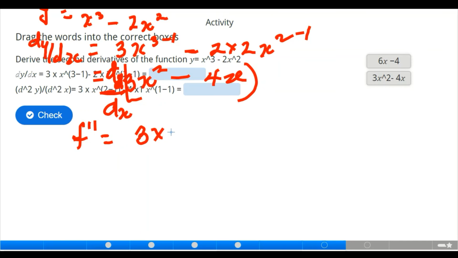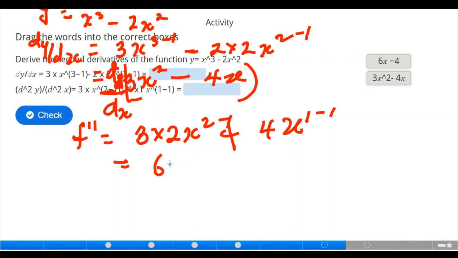That's going to be 3 multiplied by 2x^(2 minus 1), because here n is 2. 3 times 2 is 6, so we have 6x, minus, since we are dealing with minus and not plus, 4x^(1 minus 1), that is x raised to the power 0, which is 1. 4 times 1 gives us 4. And that's the solution to that activity.